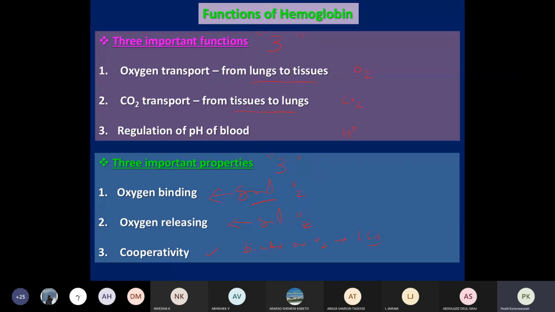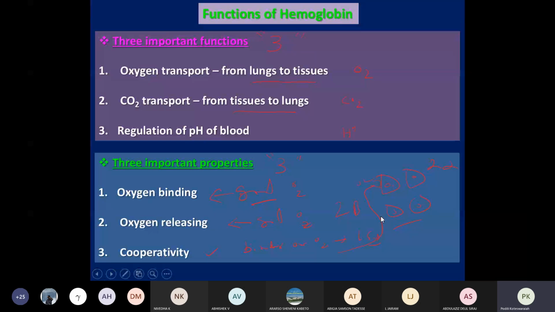As I already said, hemoglobin is a tetramer with two alpha chains and two beta chains, and each chain has one O2 binding site. So binding of one oxygen molecule to one subunit brings a conformational change, which in turn increases the O2 affinity of the other subunits. This phenomenon is known as cooperativity. That means binding of one ligand makes further ligand binding easier and more likely.